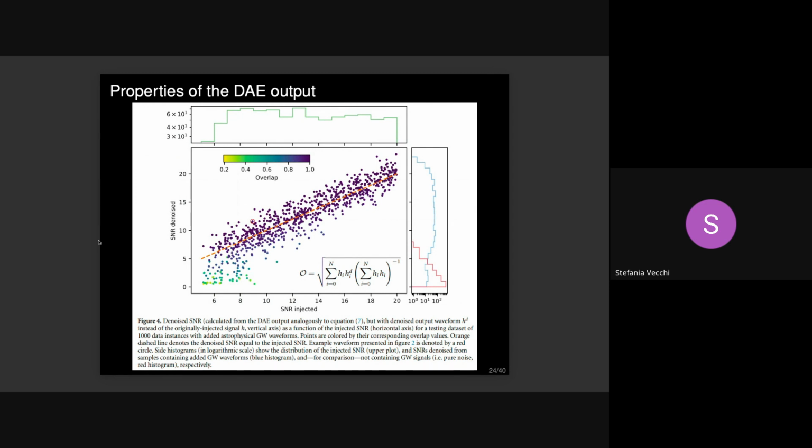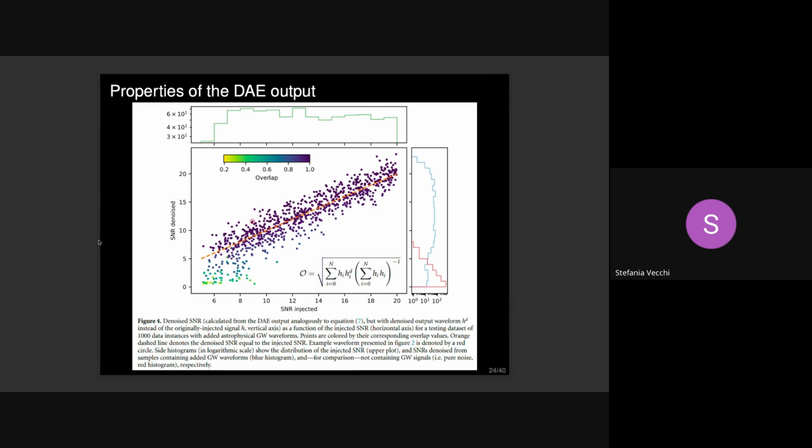So we tried that on many different realizations of signal plus noise, and checked that it behaves like it should. So it basically denoises properly. If there is just simple noise without any signals, then these pieces of data land at a noise SNR somewhere near zero, which means that the denoiser is behaving properly, because it produces some sort of waveform, but the SNR of the denoised waveform, in case there is no waveform in the data, is close to zero.